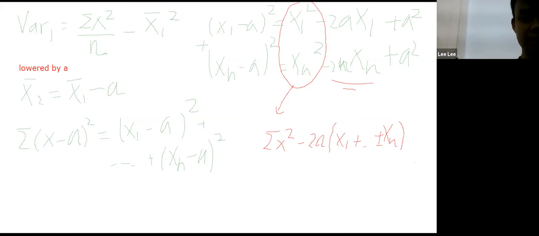And the last group is A squared, right? You add it how many times? n times, so plus n times A squared. Until here, do you have any questions? You want to take a picture of whichever version before I clear the board.